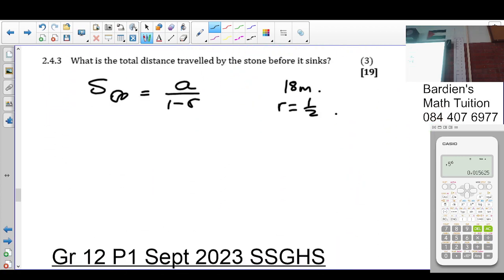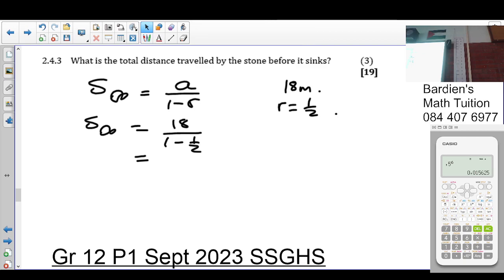So S infinity is simply going to be 18 over 1 minus r, which is half. That's 18 over 1 minus 0.5, which gives you 36 meters.